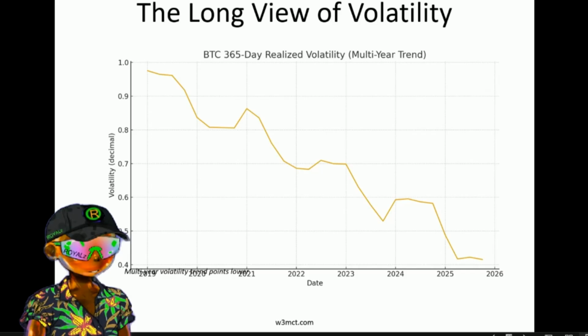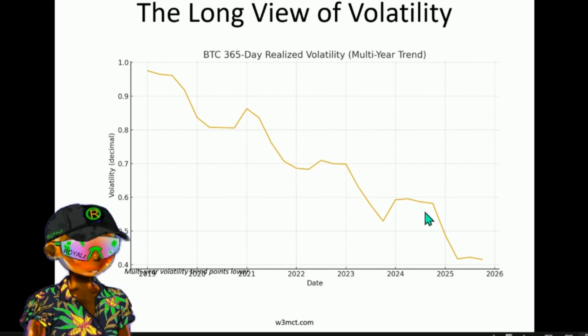Right, so Bitcoin 365-day realized volatility on the multi-year trend. You can see, back in 2020, right, Bitcoin volatility was over 80%, really, really high, right? And you can see even during the bear market, we were still around the 70% area of volatility.